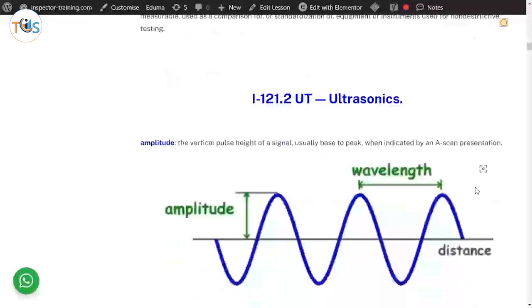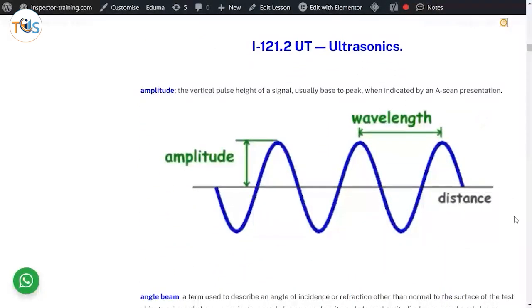Now let's look at some particular terms and definitions for ultrasonic examination. Amplitude, as you can see here, is the vertical pulse or height of a signal here, and each two peaks or each two troughs is one wavelength, and the velocity of sound is actually made of the wavelength multiplied by the frequency.